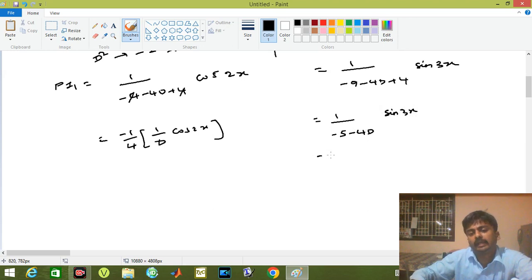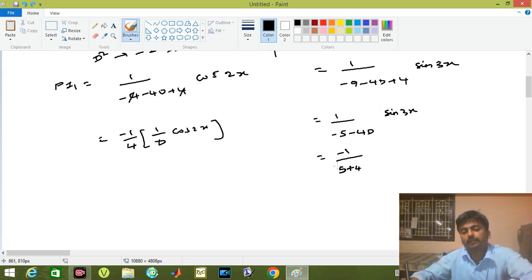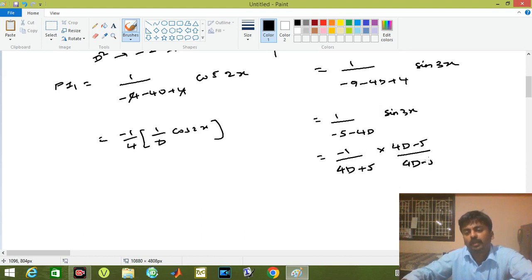I can write this as minus 1 divided by 5 plus 4d. I am taking conjugate, so it will become 5 minus 4d divided by 5 minus 4d of sin 3x.